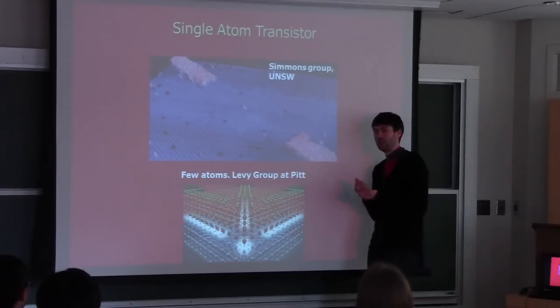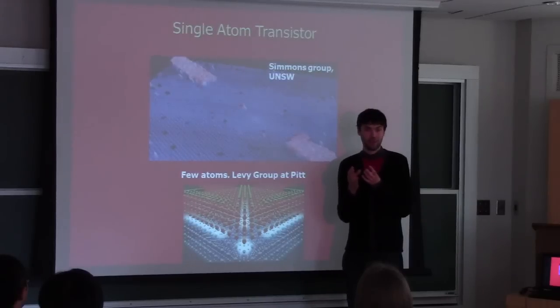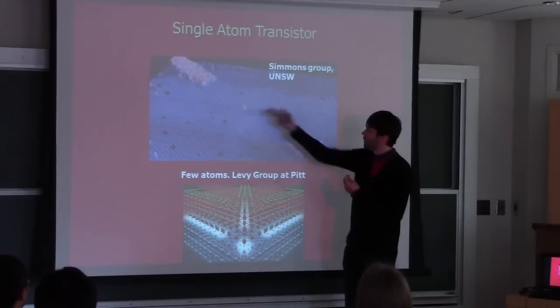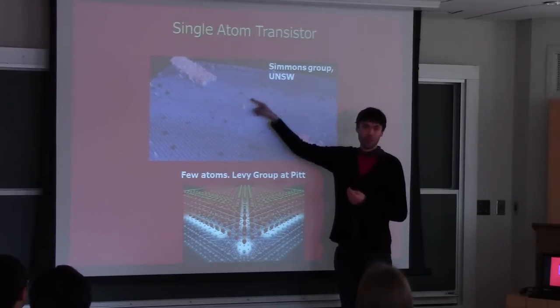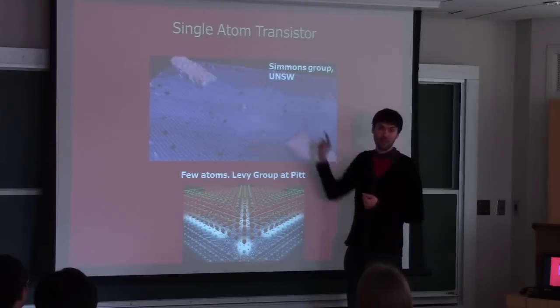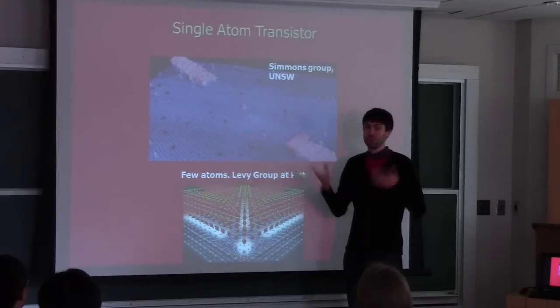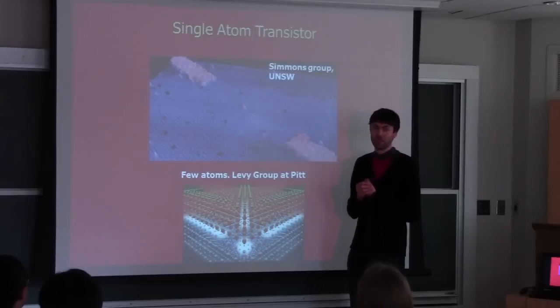What is also important here is the charging energy of an electron. The reason why the two cannot go is because it costs so much energy to put an electron on this island that if you put a second electron on this island, you just don't have the available energy.